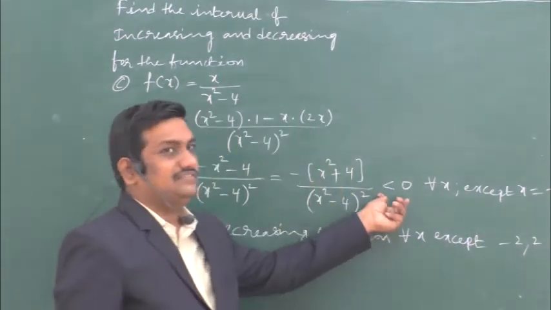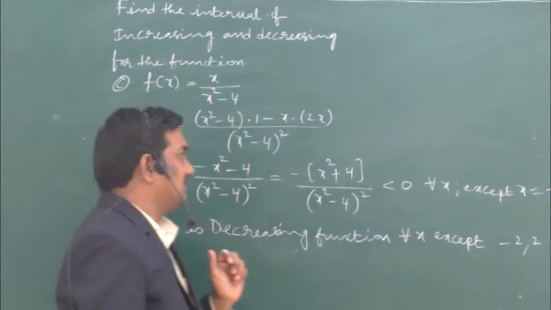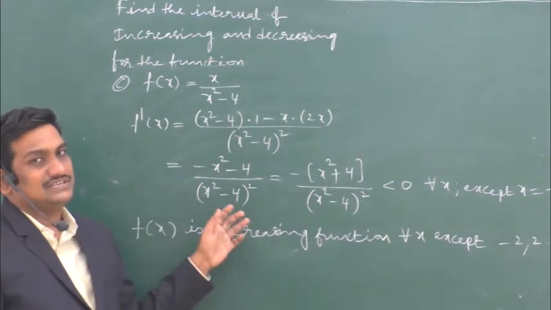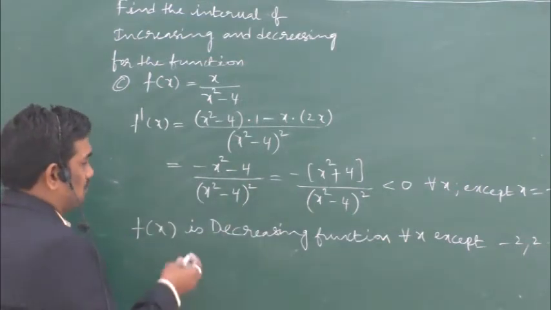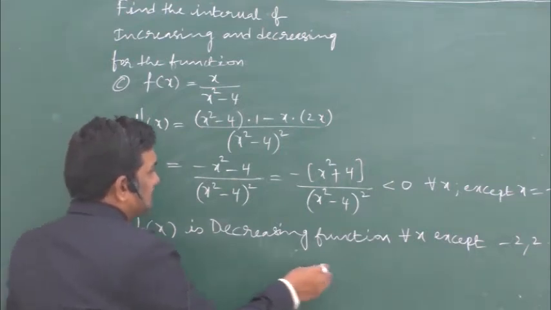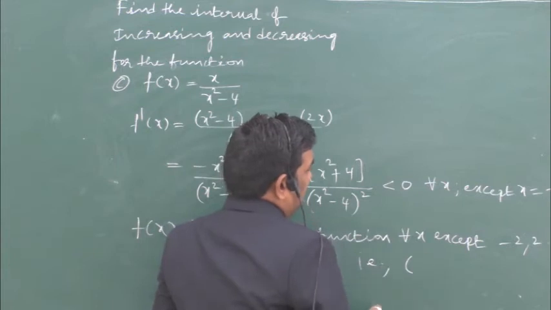Since the first derivative is negative, you can conclude that the function is decreasing for every x value except -2, 2. So it is the same as: you need to exclude -2 and 2.